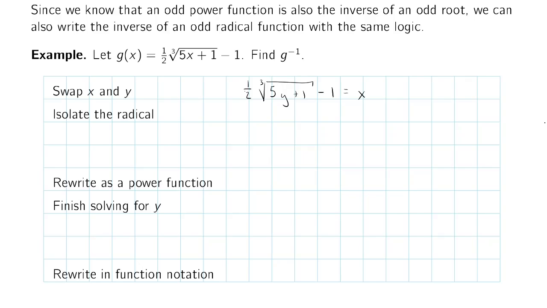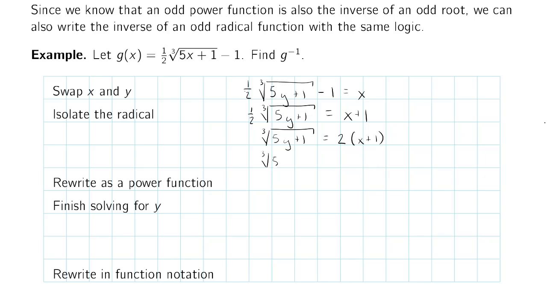We'll isolate the radical. So first we'll add 1 to both sides. Half third root of 5y plus 1 is x plus 1. And then to get rid of this half, I'm going to think of this step as multiplying both sides by 2. So we'll have third root of 5y plus 1 is 2 times (x plus 1).